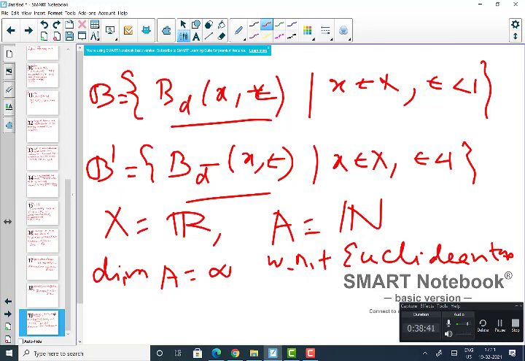I should not say Euclidean topology, I should say with respect to the Euclidean metric.